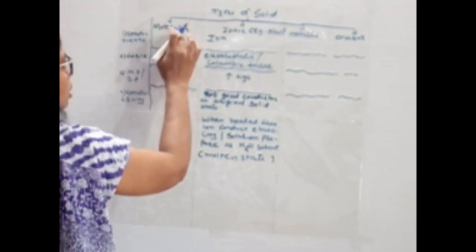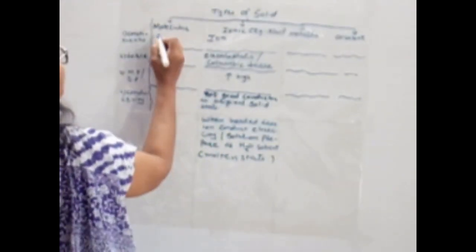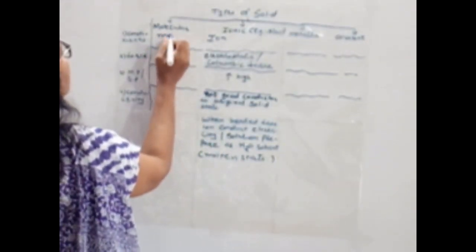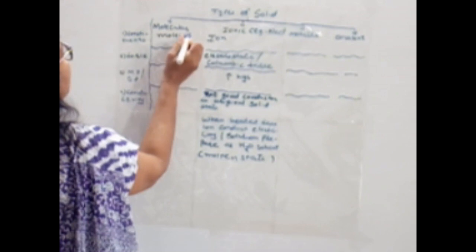Now we'll go with the next solid, that is a molecular solid. Molecule means what is the constituent particle? Correct. The constituent particles are molecules. So the example also will be a molecule, students.